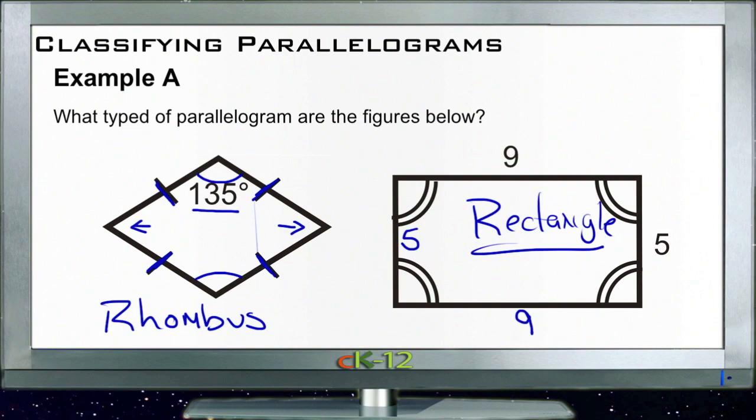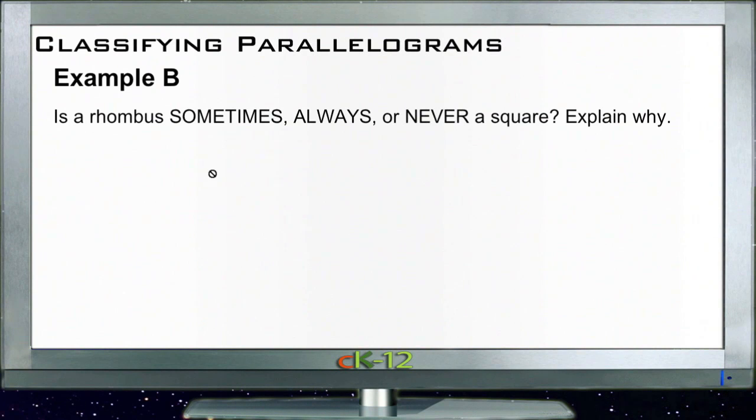Okay. Example B asks, is a rhombus sometimes, always, or never a square? Well, first of all, it is a parallelogram, which means it has two pairs of parallel sides. And if it's a rhombus, those sides all have the same length.